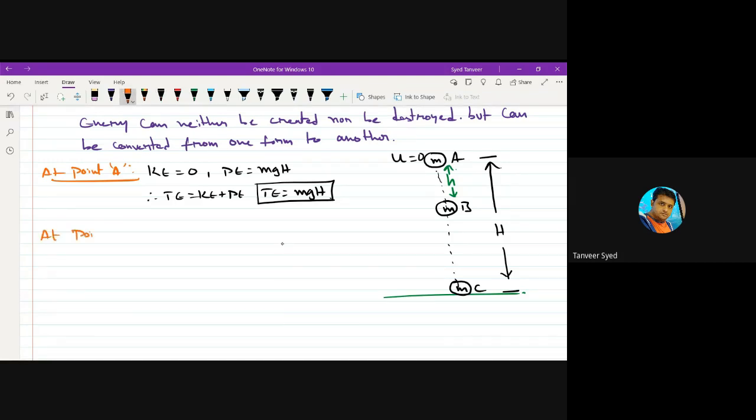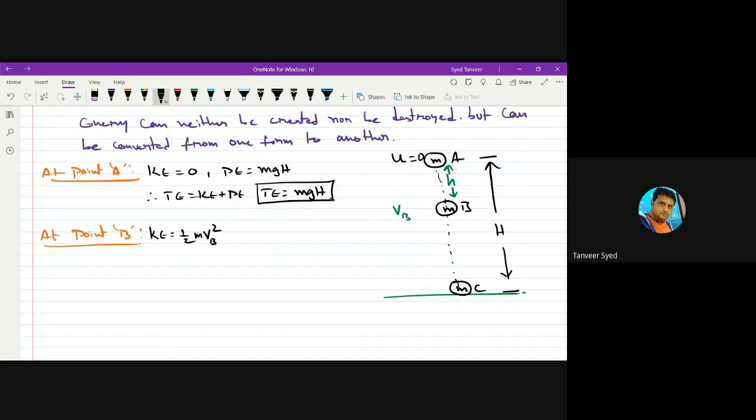If I do the same thing for point B, where is point B? At a height small h below point A. At point B, does the body have kinetic energy? Yes, because it is falling down. It will have some velocity here. Let us say that velocity is VB, velocity at point B. So kinetic energy of the body is half m VB square.